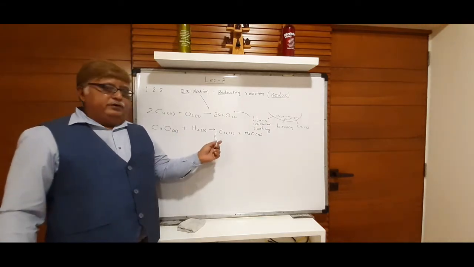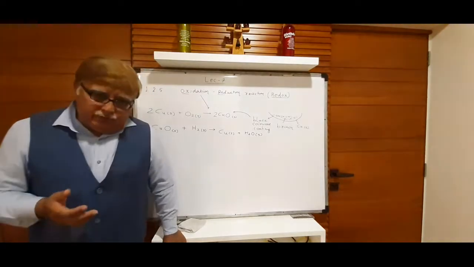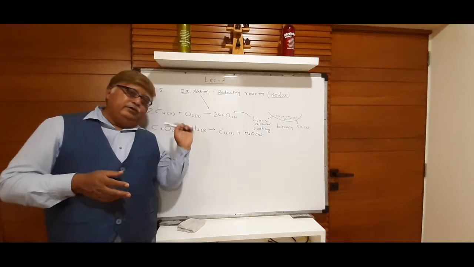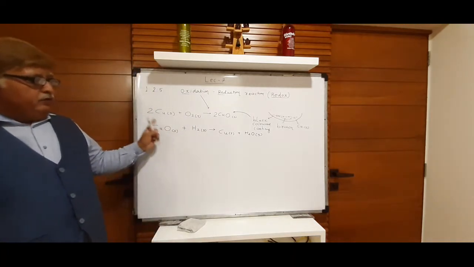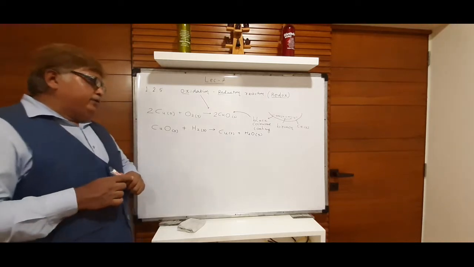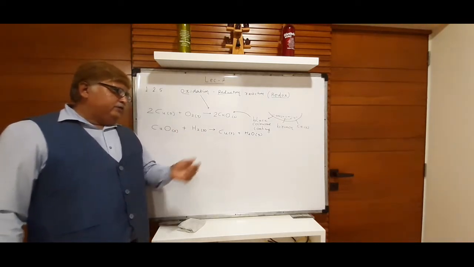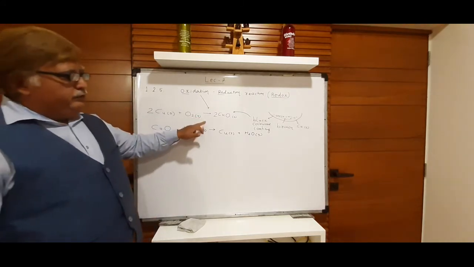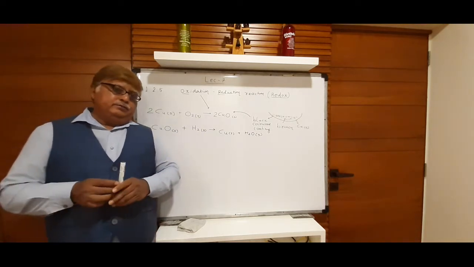Understand? So this is the best example of reduction reaction, because in this reaction oxygen is removed from copper oxide. This is ultimately no doubt an example of reduction reaction. This was oxidation, this is reduction reaction.